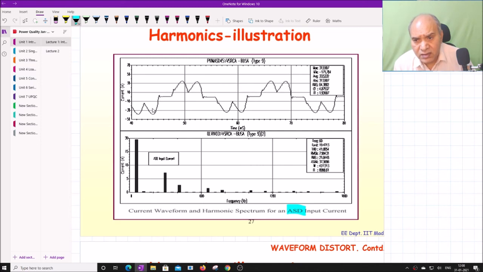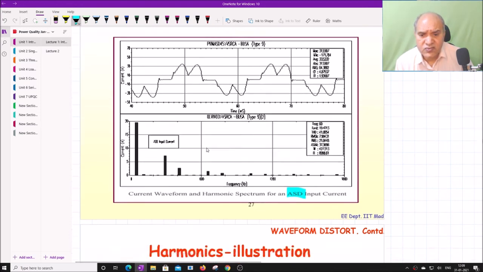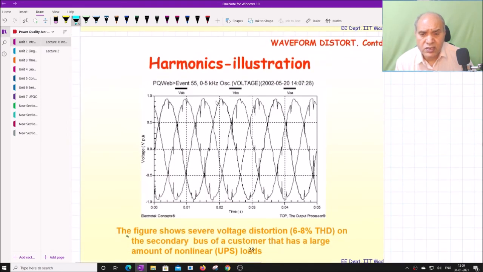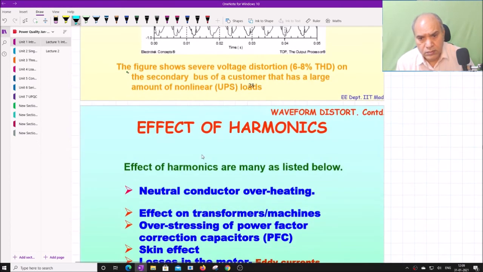So you can see here the nature of current is basically very rich in third and fifth harmonic, and this current flows through the feeder and it causes further distortion in the voltage. So this is the voltage for that. Okay. So you see, when the current is distorted because of this load, the voltage is also affected. Okay.